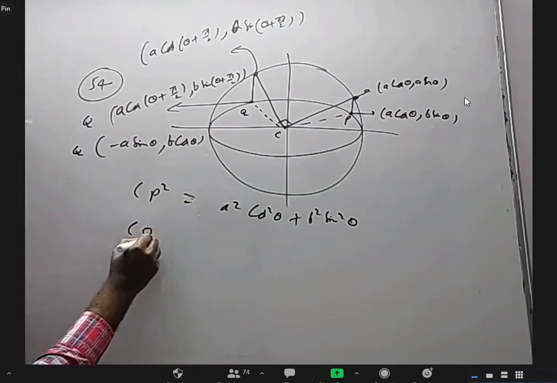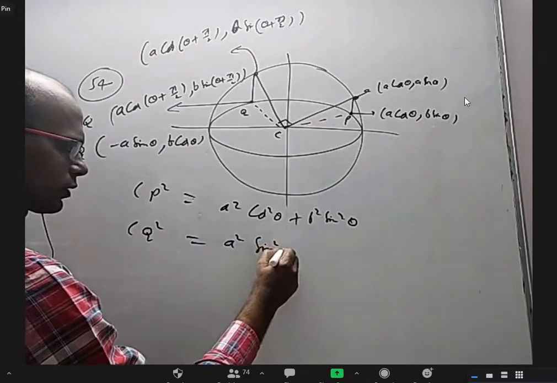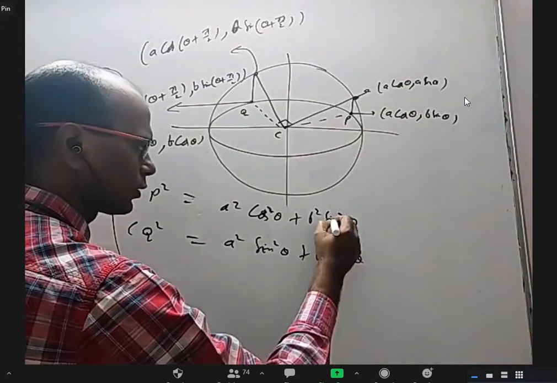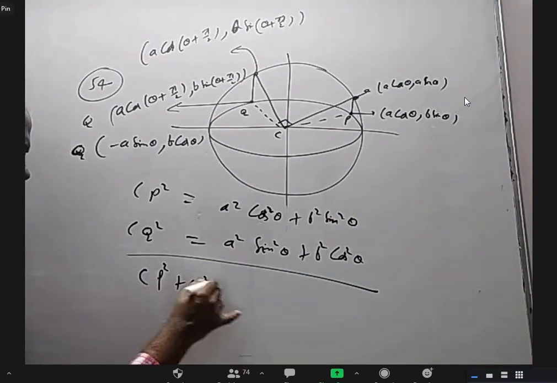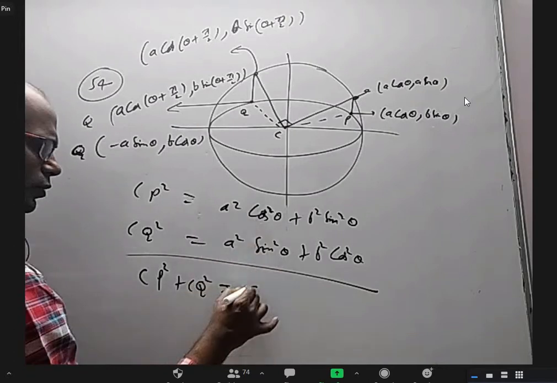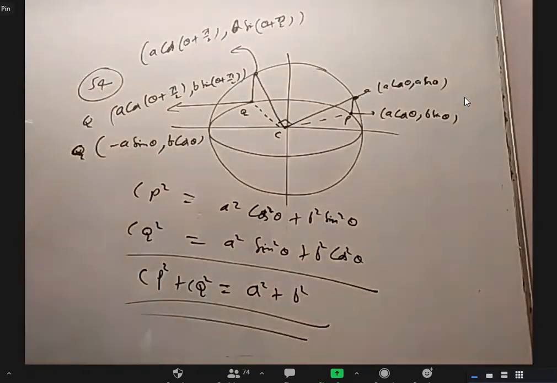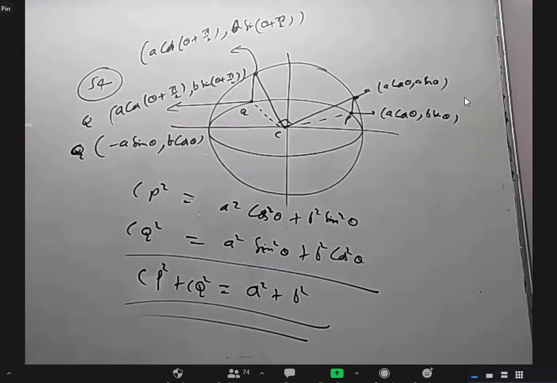So CQ square is a square sin square theta plus b square cos square theta. When I add, I'll get CP square plus CQ square. Cos square plus sin square is 1, we'll get a square. Here also sin square plus cos square is 1, we'll get b square. So apparently theta is getting eliminated, that's all. Otherwise, I don't think from the figure we can do something about it.